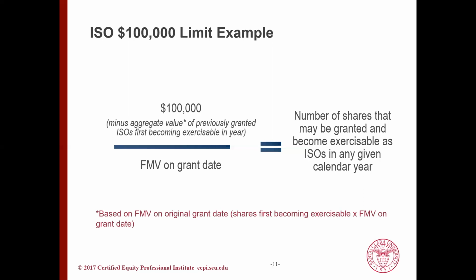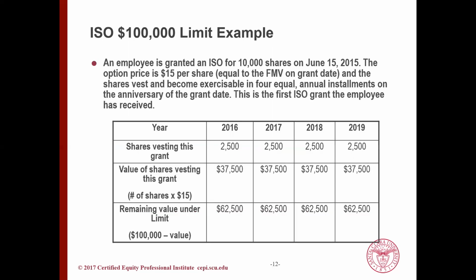You can do the same calculation reflecting dollars instead of shares, and this is better when dealing with overlapping awards. So let's look at some examples. In this example, the shares vest 2,500 shares over 4 years. The total granted was 10,000.